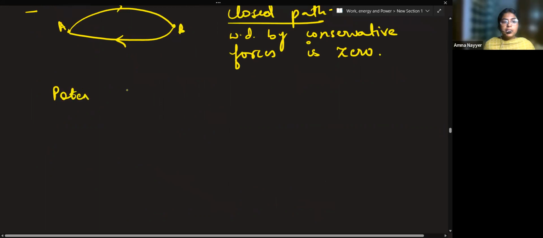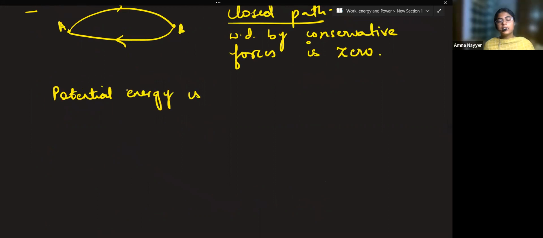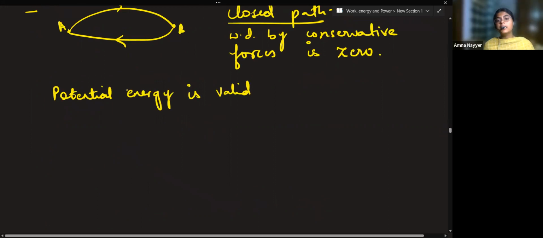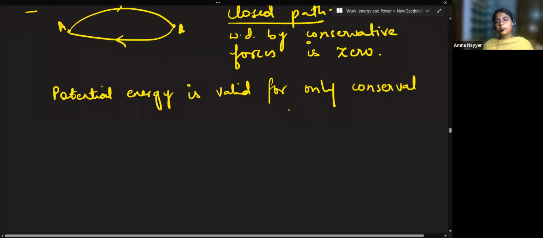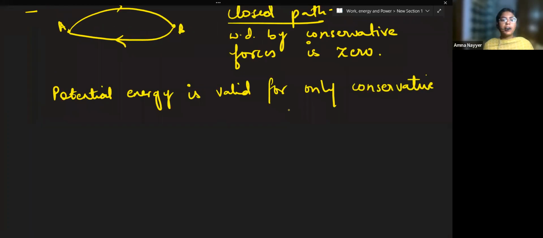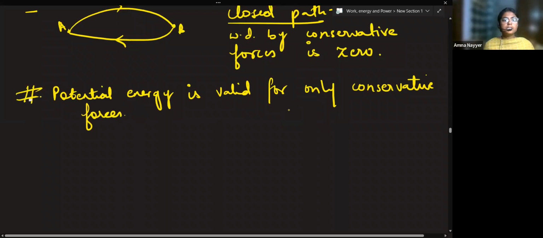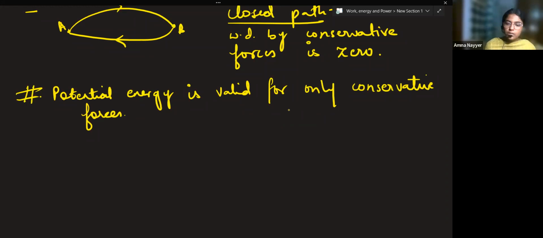Mainly the fact is that potential energy is valid only for conservative forces. That's why we are just categorizing so that you know whether a force is conservative or non-conservative.